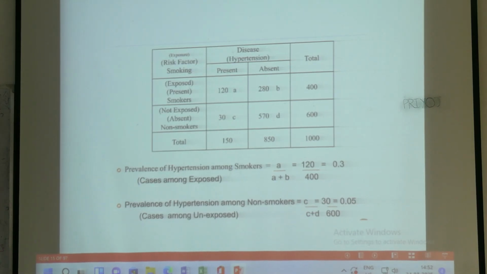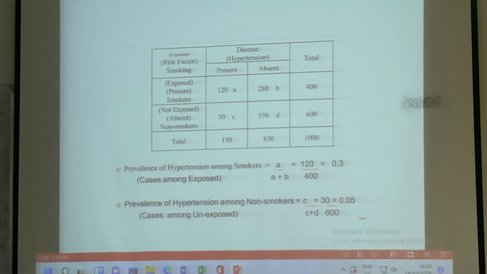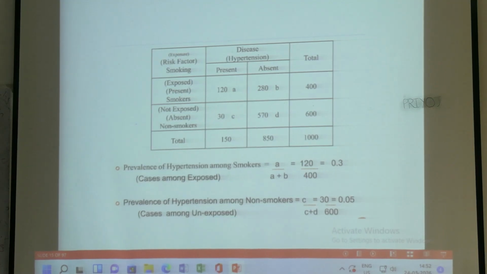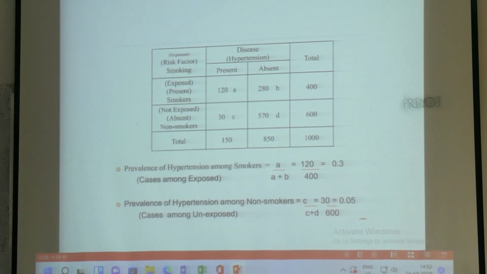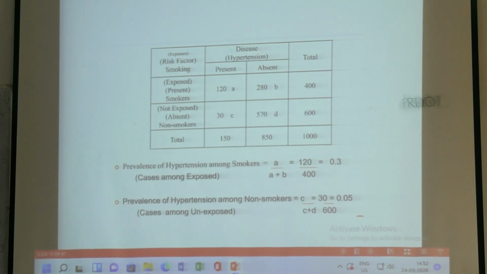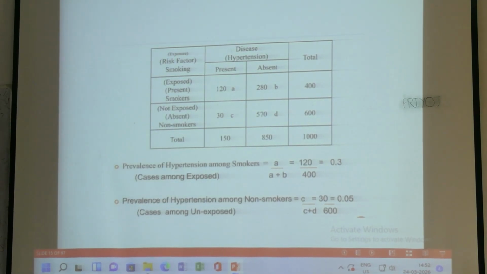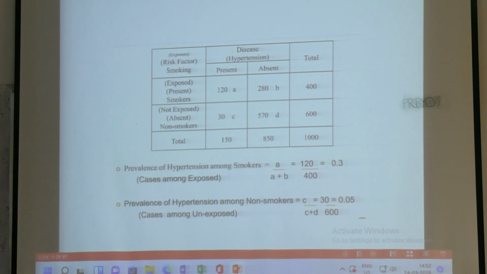Out of 400 smokers, 120 have hypertension. So 120 divided by 400, that is the cases among the exposed. But there is also hypertension among non-smokers. Non-smokers are also getting hypertension. So how many non-smokers have got hypertension? 30. 30 divided by 600 is 0.05.